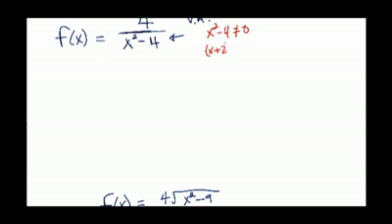And if I were to factor that, I would get x plus 2, x minus 2. So in this case, x cannot equal 2 or negative 2 if you individually set them equal to 0. Alright? So these are critical numbers. Notice I did not say critical points because they don't exist. They're imaginary boundaries.